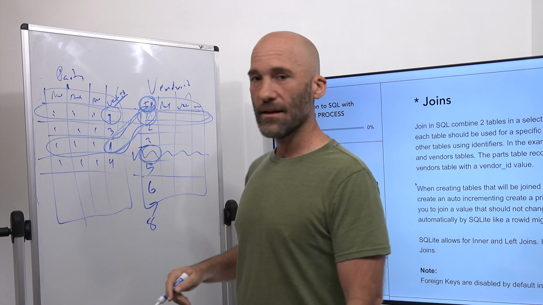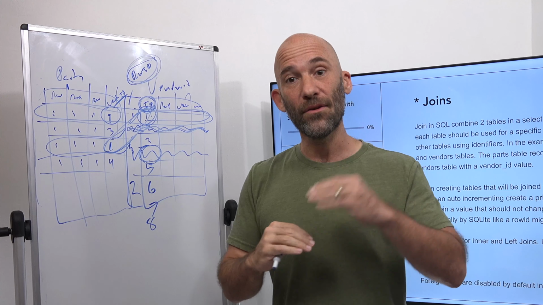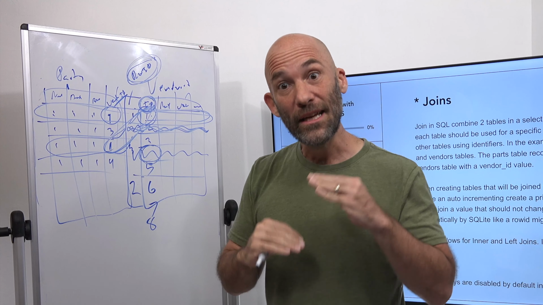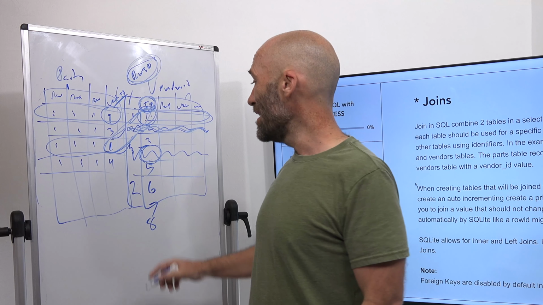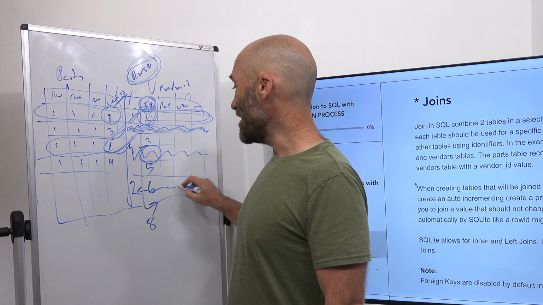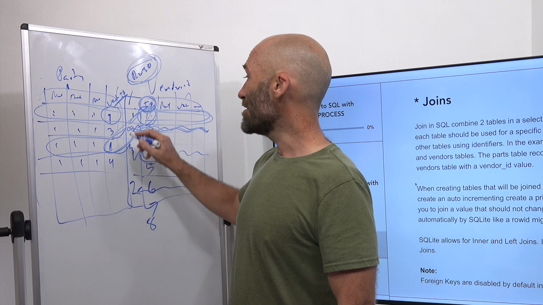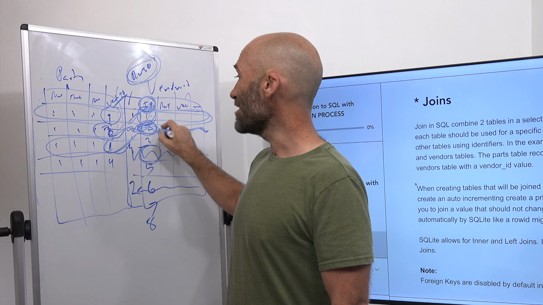The important thing is you can't use the same value at the exact same time. But if you delete a record, that value is no longer being used, so it's open for SQLite to use again, and it might use it down here in a different record. So if I have something that points to 2, originally it was pointing here.